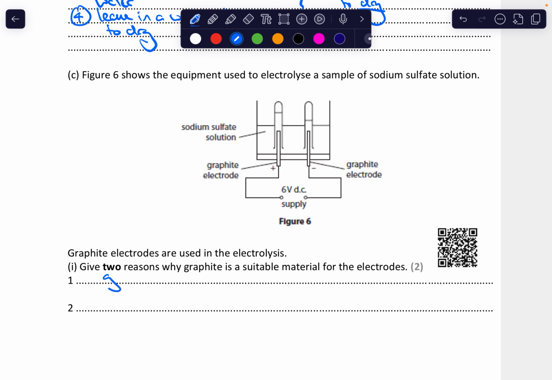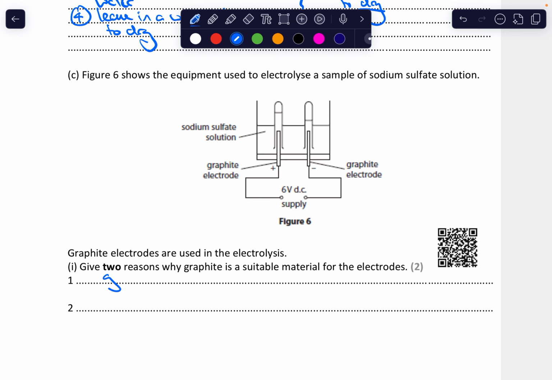Graphite, if you remember, contains delocalized electrons, which are free to move, so it conducts electricity. And the next one is that graphite is inert, which means unreactive. So it's not going to take part in the actual reaction itself.